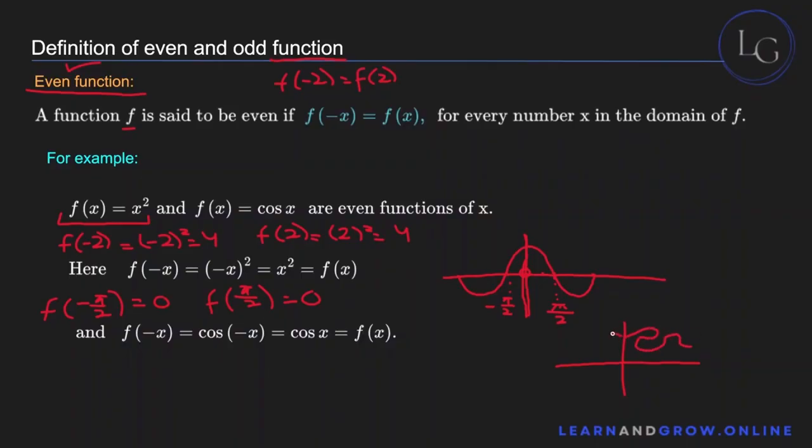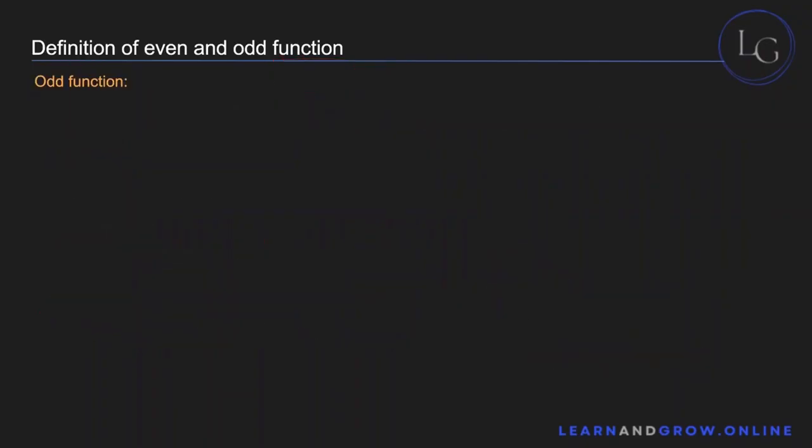I'm not really that good at drawing, but let's assume it's symmetrical. Let's say that the y-axis acts as a mirror. This side and this side both are symmetrical. This is also an even function. So that covers an even function.